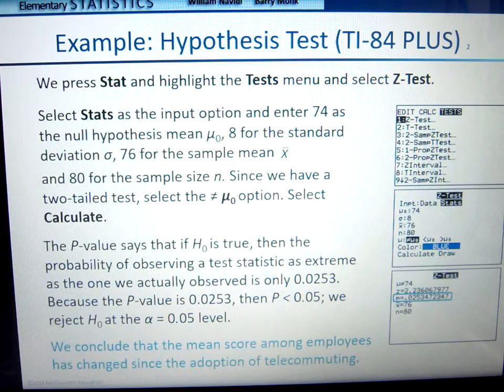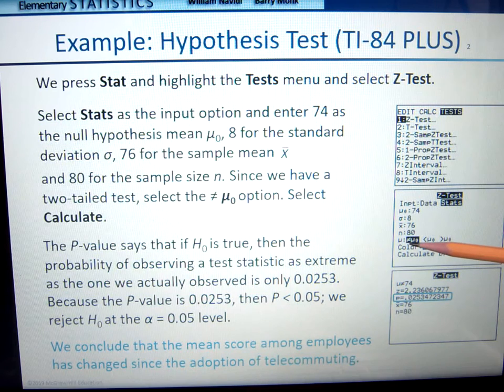So now we need to put it into our calculator. So we go to tests, we select a z-test, we choose statistics, we input our values, we select whether it's right-tailed, left-tailed, or two-tailed, and it's two-tailed, and we press calculate and we see that it is in fact supporting what we got when we did it by hand.